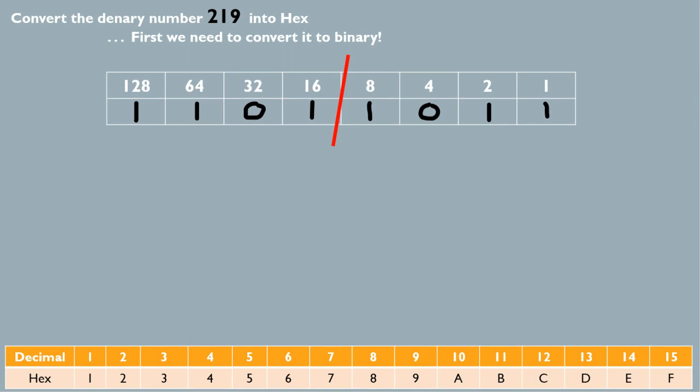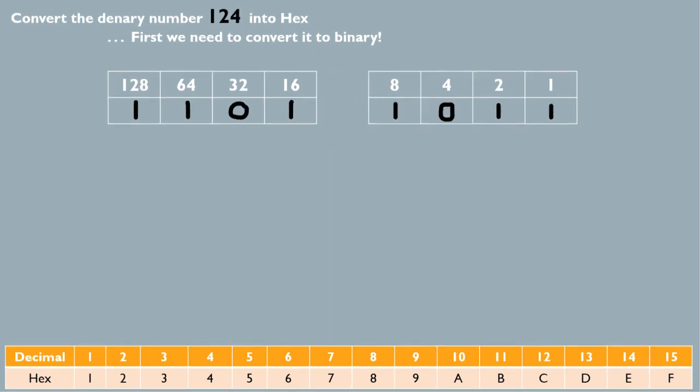So let's split that into nibbles. And what we are going to do is just take them apart, change the left hand side numbers so they're lower numbers. So we've got 1, 2, 4 and 8, and then we work out what the hex is from here.